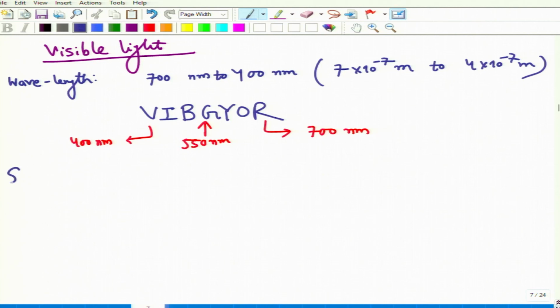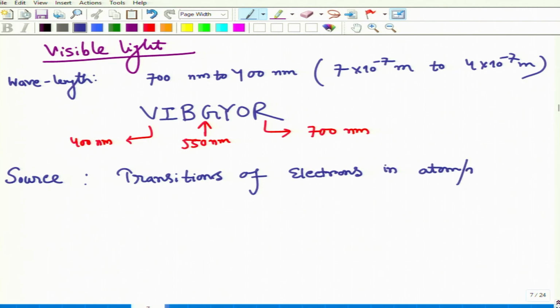After that, what is the source? There are many sources for visible light, but we see visible light due to the transitions of the electrons in an atom or molecule. Last time in the IR case we said that infrared electromagnetic radiation is emitted due to vibration in the molecules.